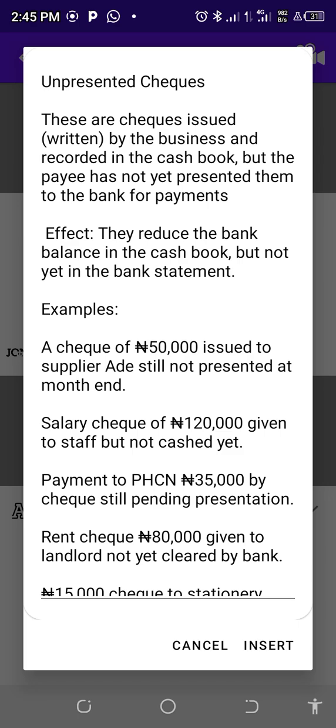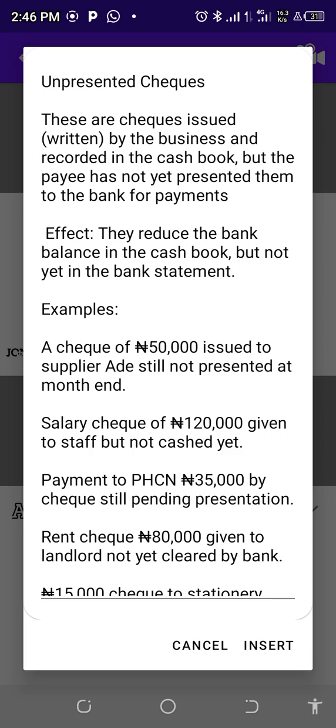Now, what is the effect of unpresented cheques? This is the effect. They reduce the bank balance in the cash book. Yes, because in the cash book, immediately the cheque is issued out, they will record that a particular amount of money has been paid, but it is yet to be reduced in the bank statement because it has not been presented to the bank.